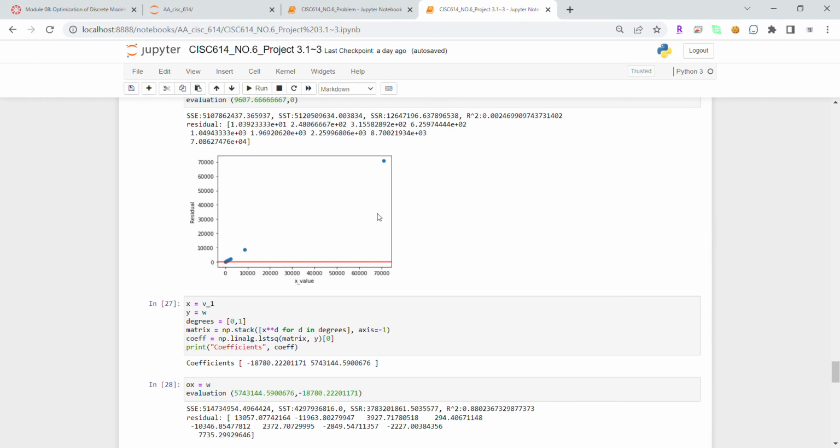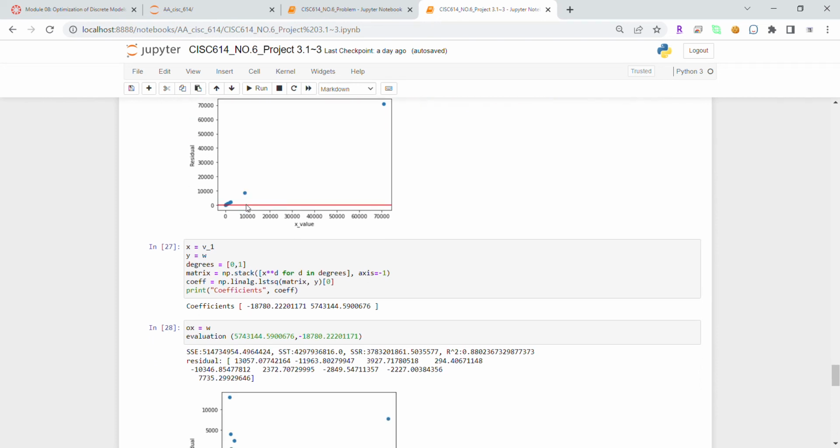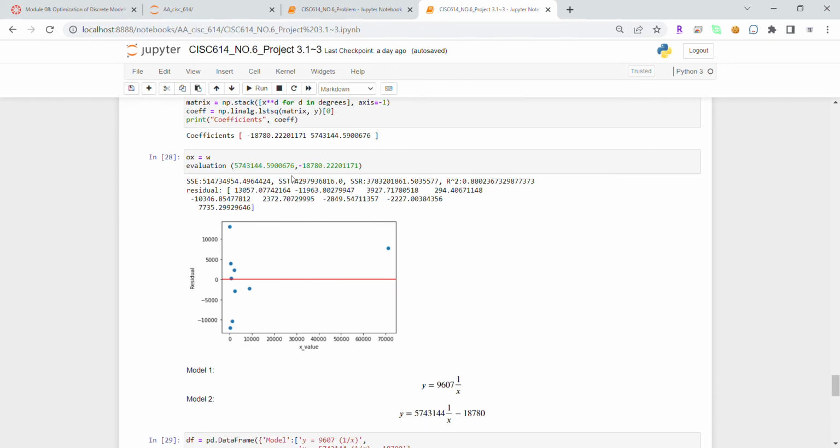But we saw there are two points far away from the other points. So we assume that a refinement model is needed for the basic model. And then I created a refinement model, calculated the coefficient of the refinement model, and made the plotting of the refinement model.